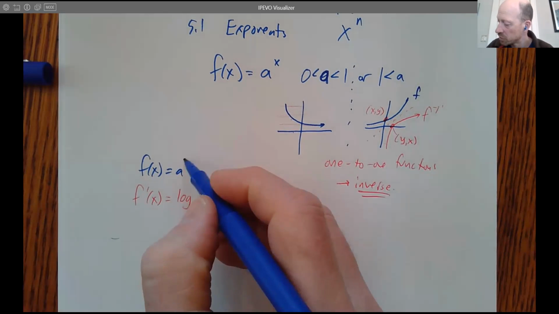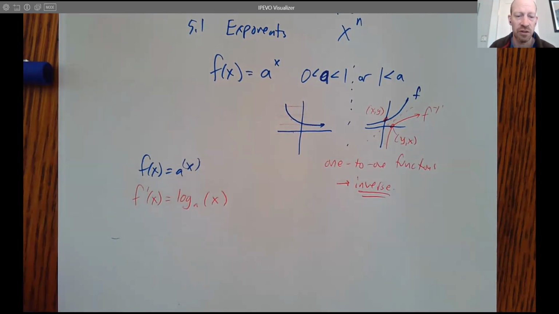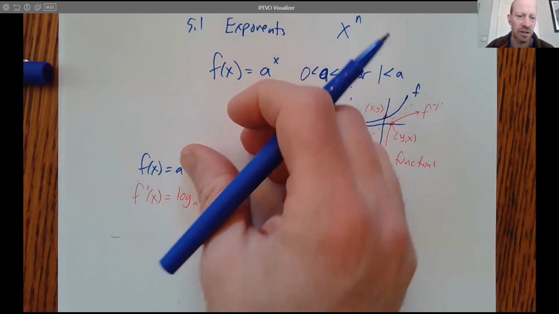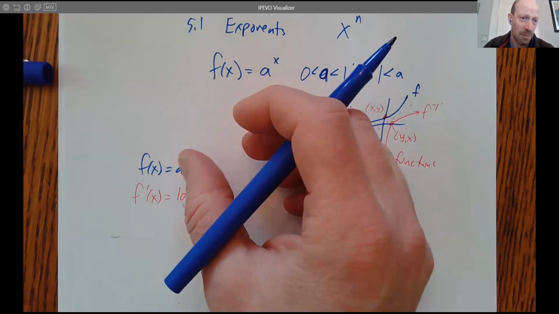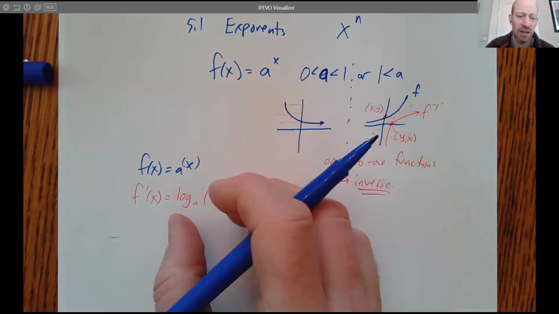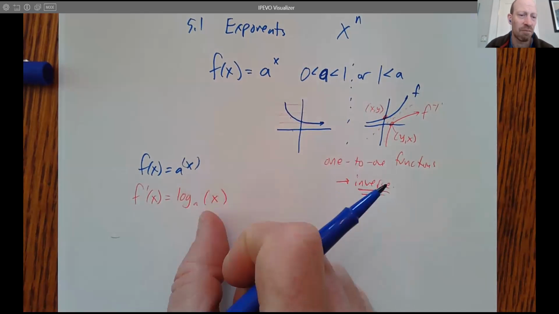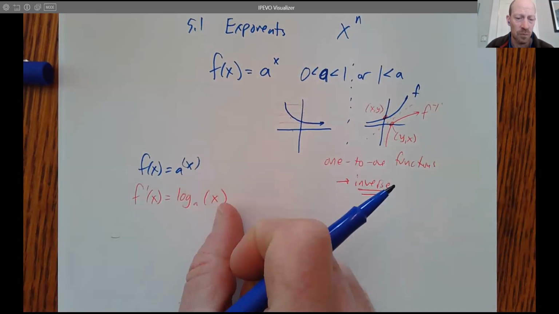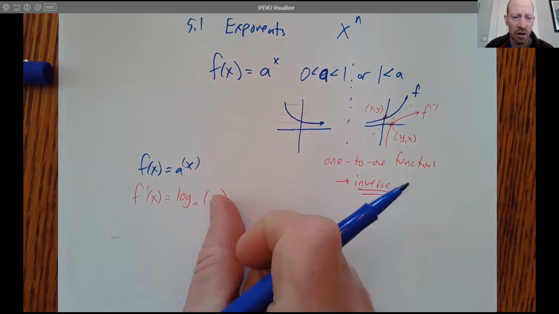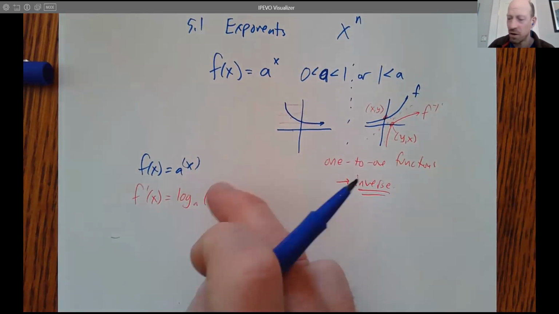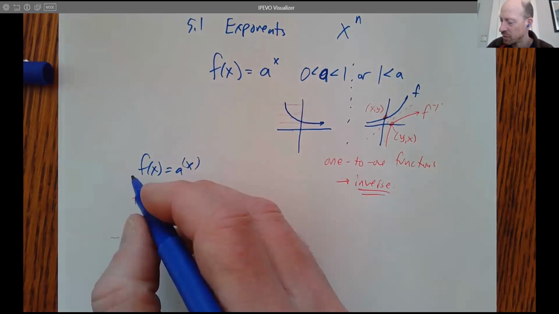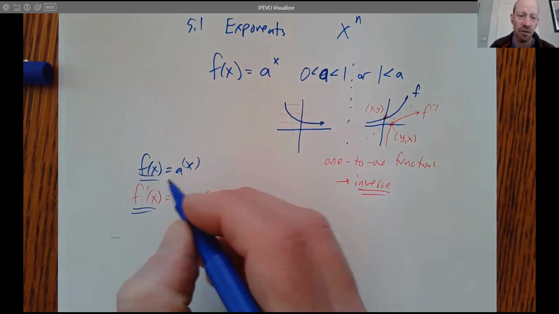I'll put parentheses there just to make it a little more clear: the function is a to the something, and here the function is the log base a of something. The inputs go in here.